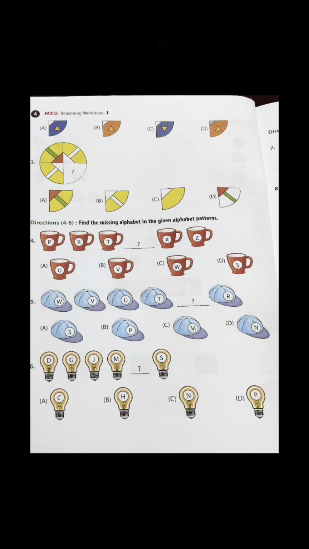Now let's come to question number 6. D G J M dash S. Here we have to add plus 3.